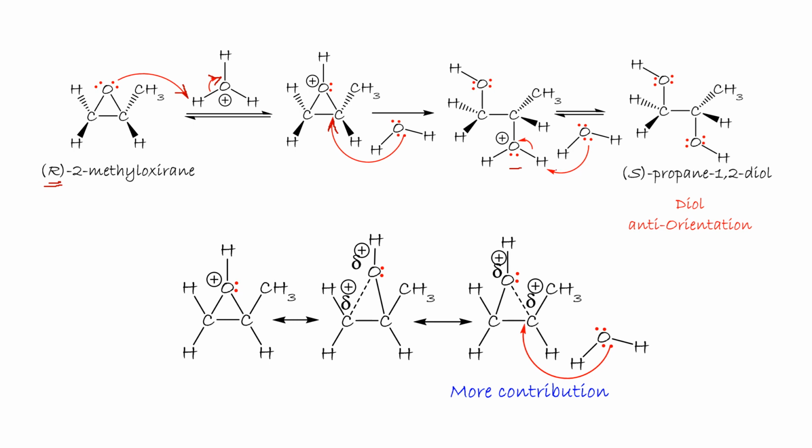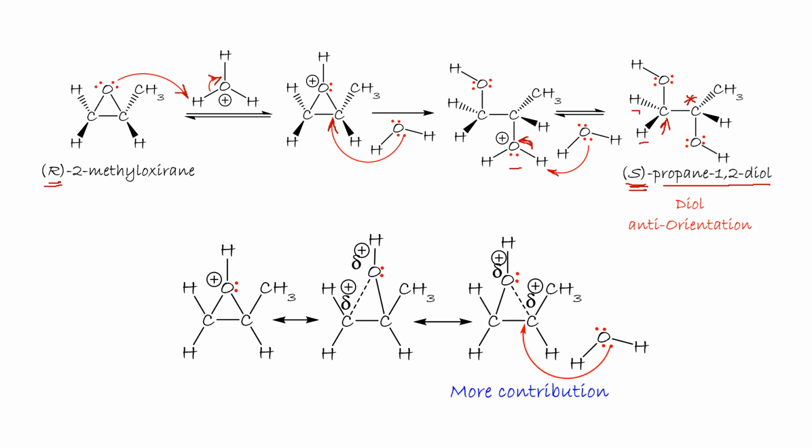Proton transfer once again to give propane-1,2-diol. Remember that we have only one chiral center here. This is not a chiral center. This carbon has two identical groups, two hydrogens, so we have only one chiral center, R/S configuration.